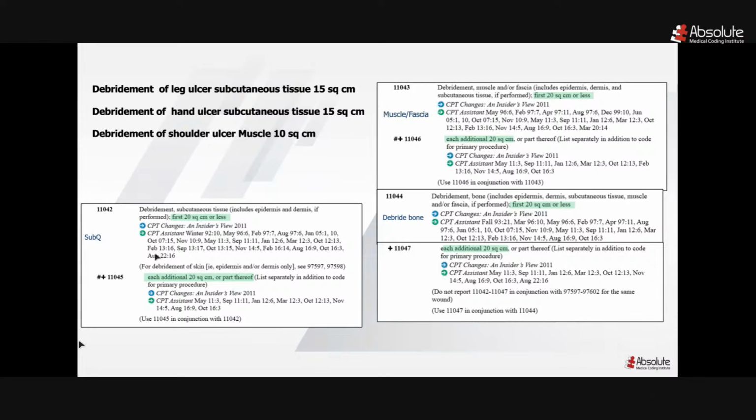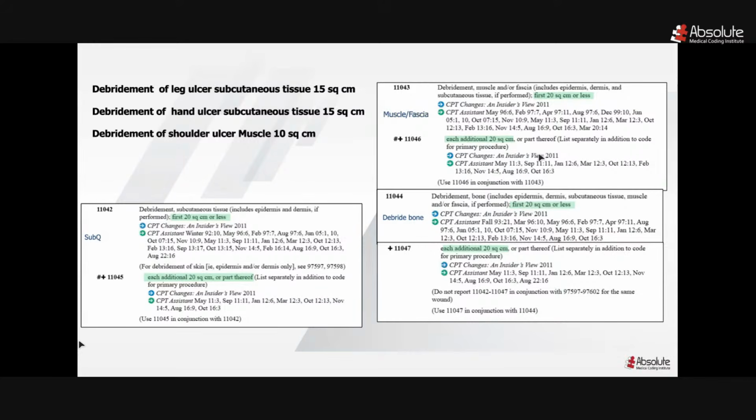As per the guidelines, we can add the areas of the same depth, right? So here we have a debridement of leg ulcer and hand ulcer performed at a subcutaneous tissue level. So they are of the same depth. So I can add these two, and that will give you 15 plus 15, a total of 30 square centimeter. And for that 30 square centimeter, the code would be 11042.